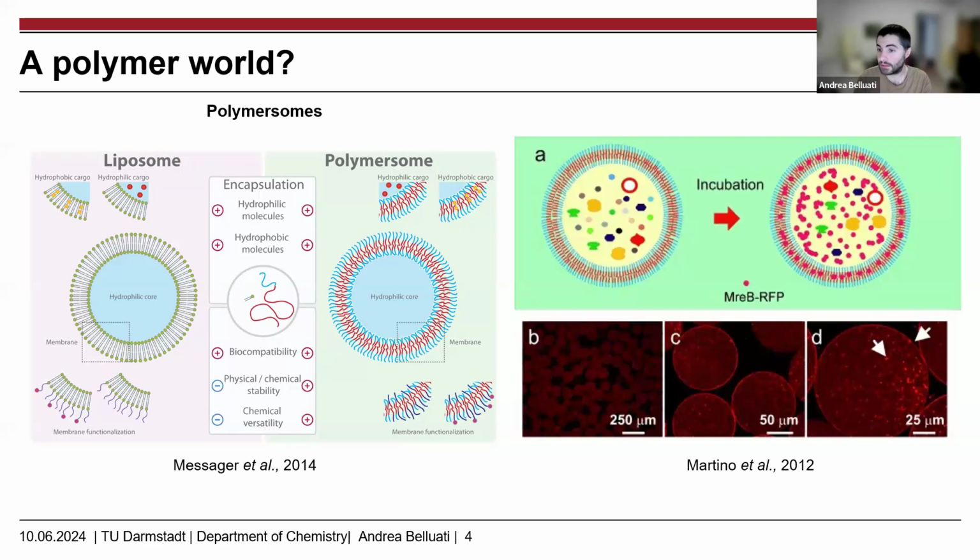This is not new. Artificial cells made out of polymer membranes have already been developed several years ago. You can see a paper from 12 years ago where they could express a fluorescent protein inside these artificial cells made out of amphiphilic block copolymers. However, all these polymers are synthesized in classical ways.